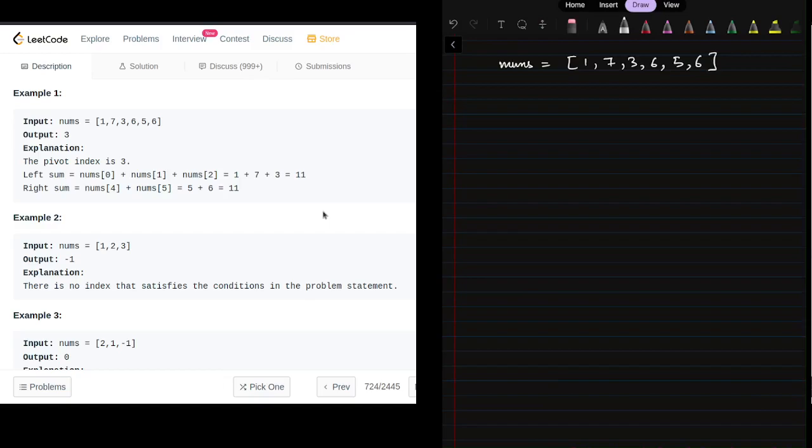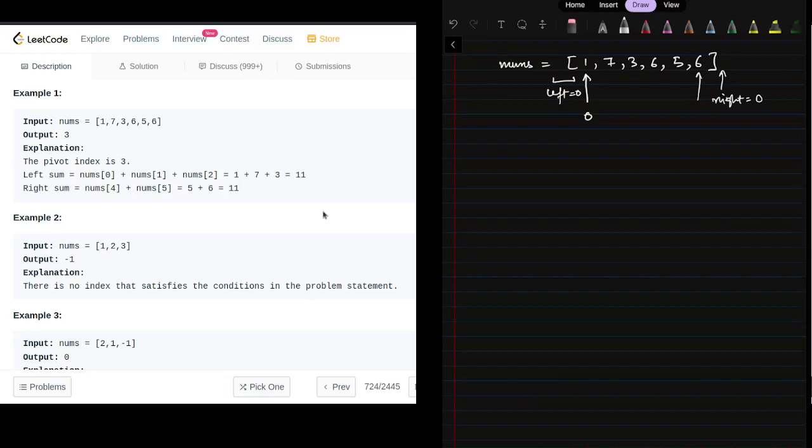These are the values in nums. Now, they are saying that if our pointer is on the first index, where the index equals 0, then the left of it is 0. And if we are looking at the last index, then for the right of it we also take the sum as 0.